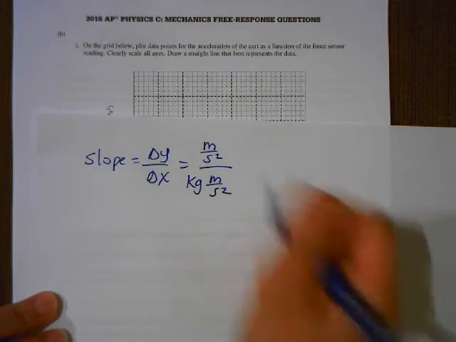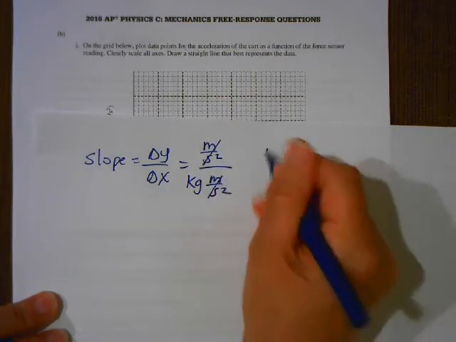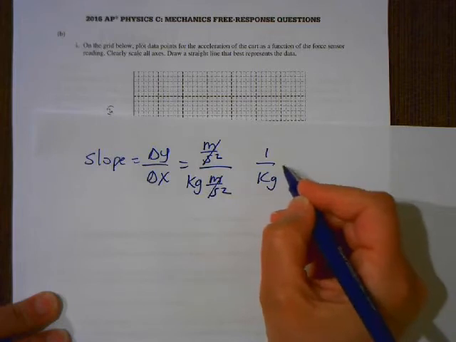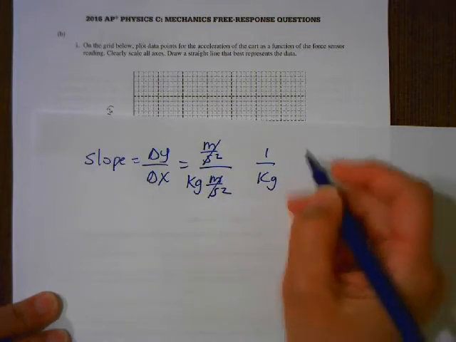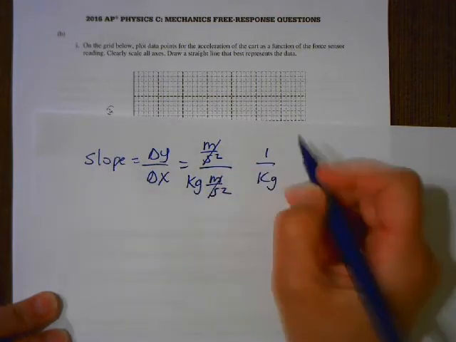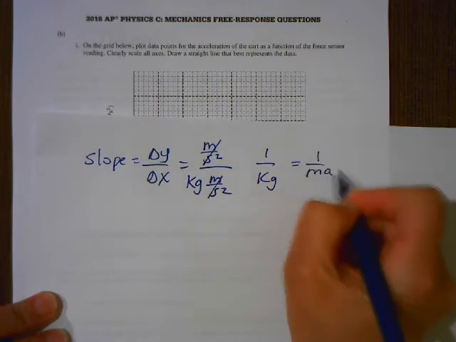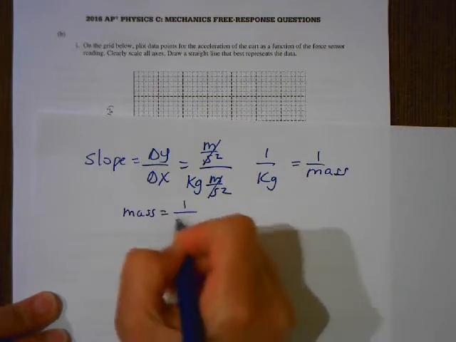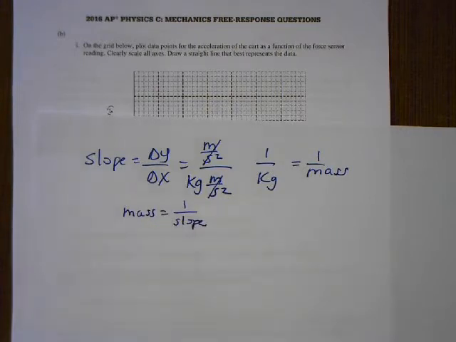So I see that this cancels with this, so I get 1 over a kilogram. So the slope represents the reciprocal of the mass. So the slope is 1 over the mass, and the mass would be 1 over the slope if I wanted to find the mass.